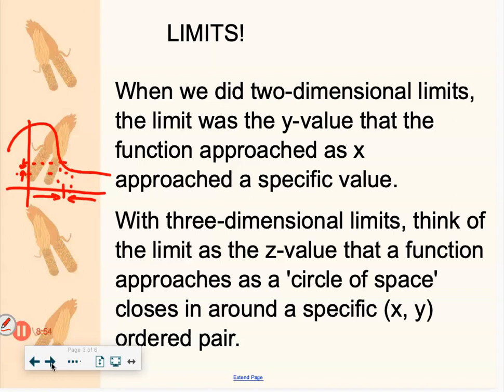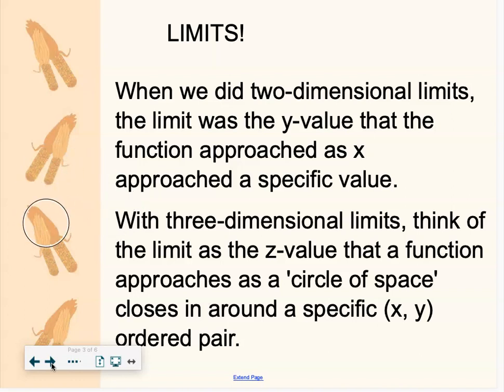Okay. So in 3 dimensions, since our input is 2 variables, instead of approaching from two sides, you create a circle that goes around the spot. You have an ordered pair for your input, x and y. How do you decide if you're going this way or this way? You don't. You close in around it.